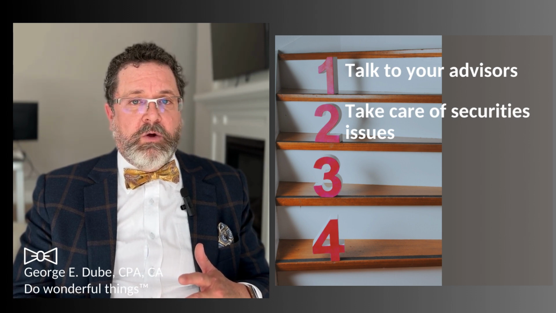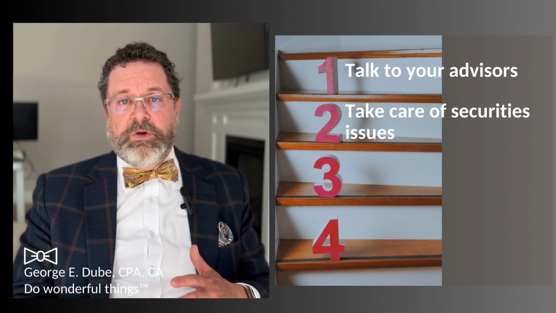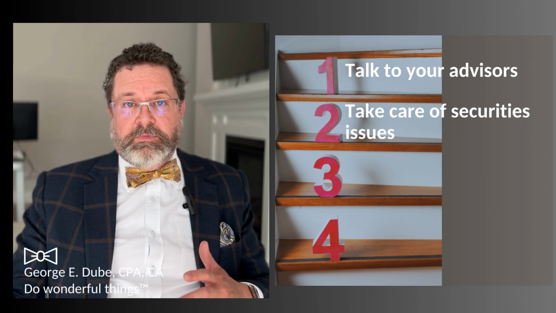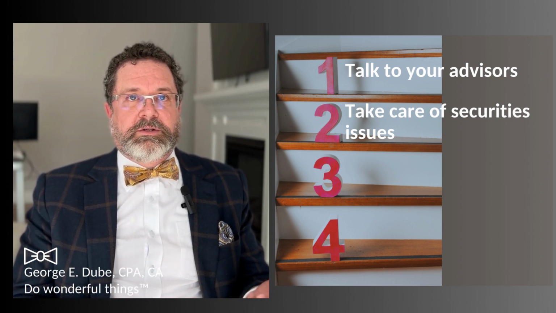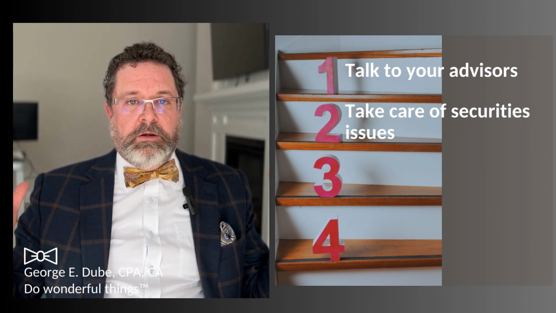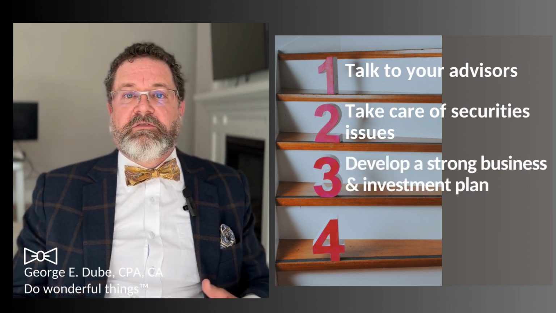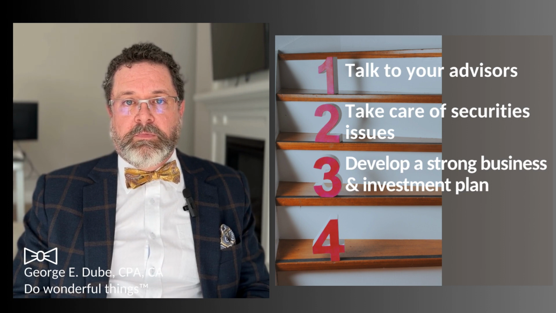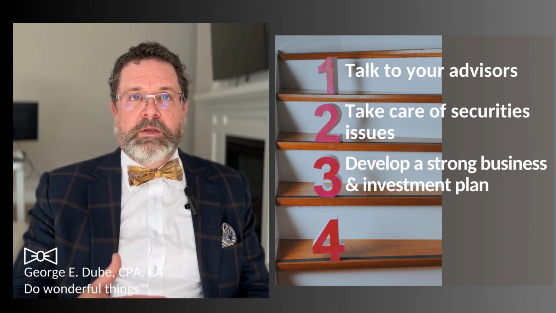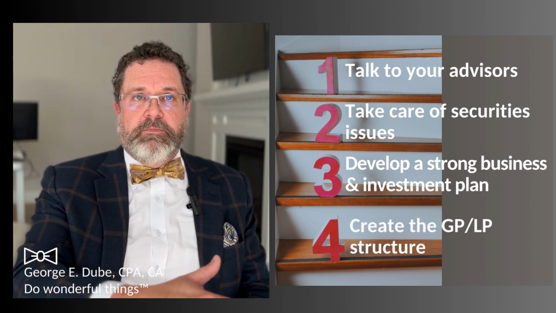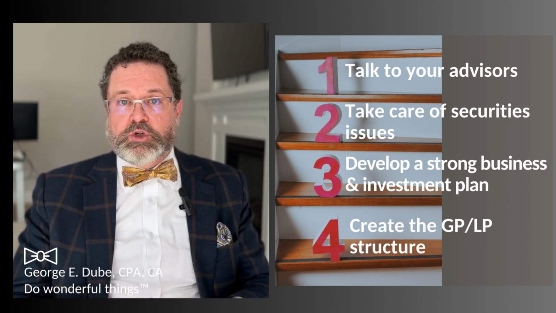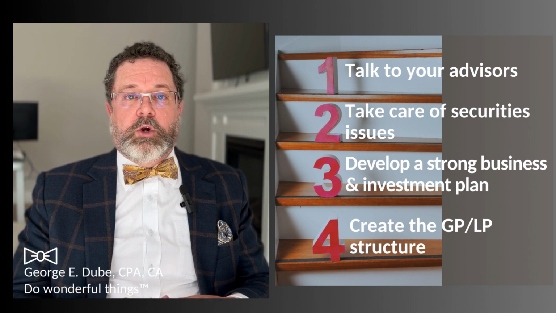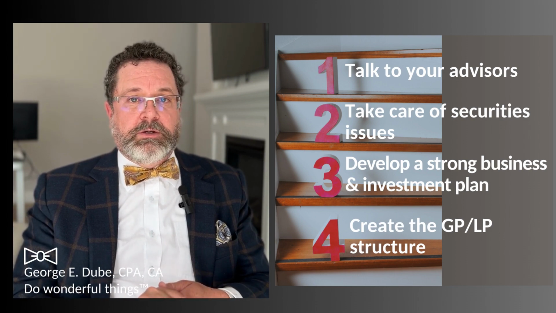We don't want to find out after the fact we've skipped some steps and you're on somebody's bad side. The third part to this is clearly developing a strong business and investment plan. And that's going to be crucial as we get into the fourth step of really starting to kick off the creation of the structure itself, creating the limited partnership agreement.